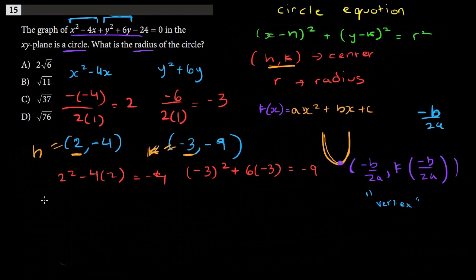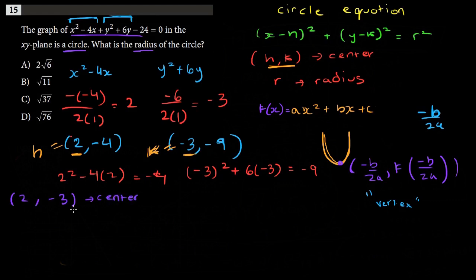Now we can construct the beginning of our circle equation. We can write the center point as coordinates. So it's literally 2 comma minus 3 is our center point, right?